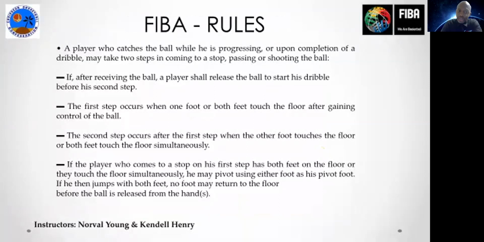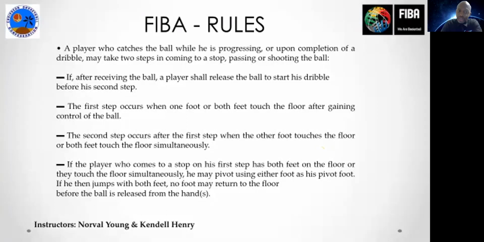We move on to progression. The rules state a player who catches the ball while he is progressing or upon completion of a dribble may take 2 steps in coming to a stop, passing or shooting the ball. If, after receiving the ball, a player shall release the ball to start his dribble before his second step.